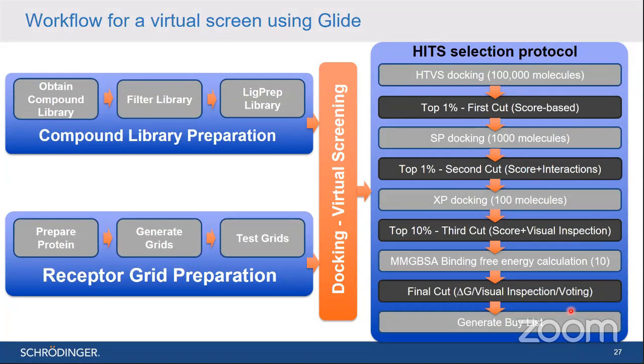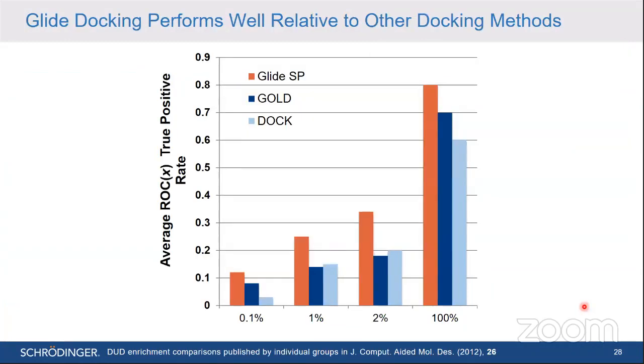You can buy those compounds, let's say out of 10, if 5 compounds satisfy all of your criteria, or synthesize those compounds and test them for further biological activity. So this is in general the virtual screening protocol which we follow for docking based virtual screening. You can play with those numbers like top 1% or top 10%. It's all up to you, but this is the general protocol which you could follow.